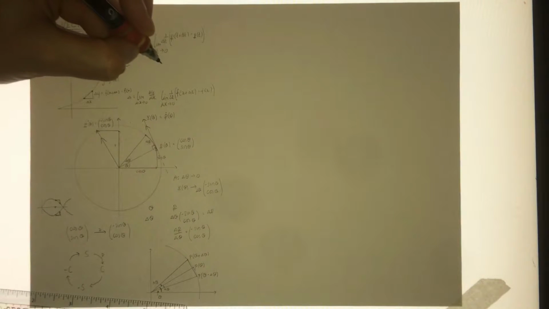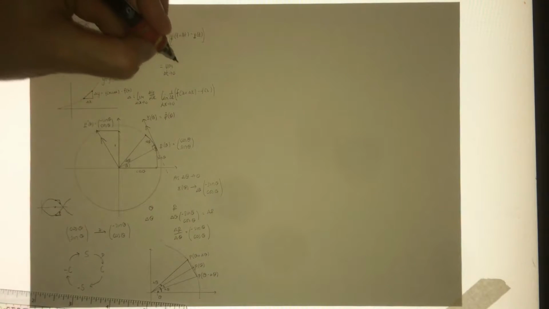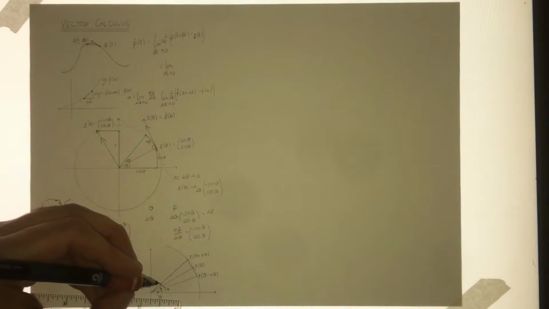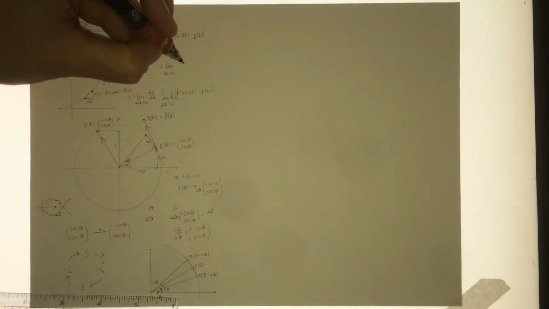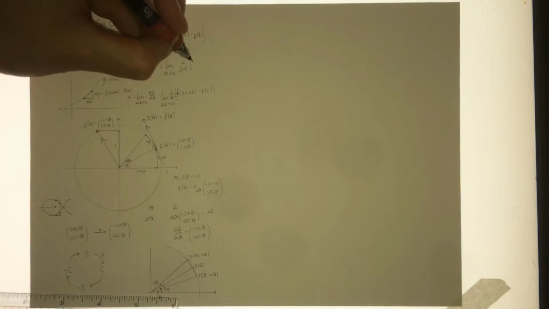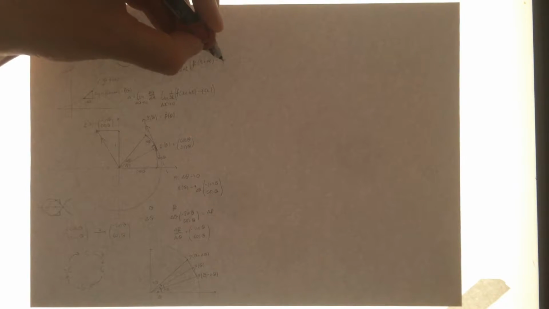So we could rephrase this as the same thing as the limit, as delta t tends to 0 of, but now we've covered the distance of 2 delta t, so it's 1 over 2 delta t times p of t plus delta t minus p of t minus delta t.